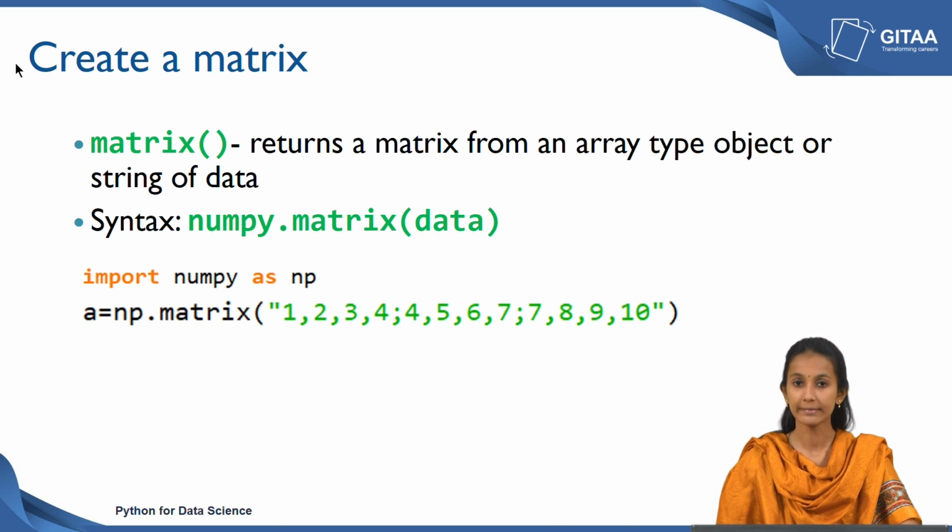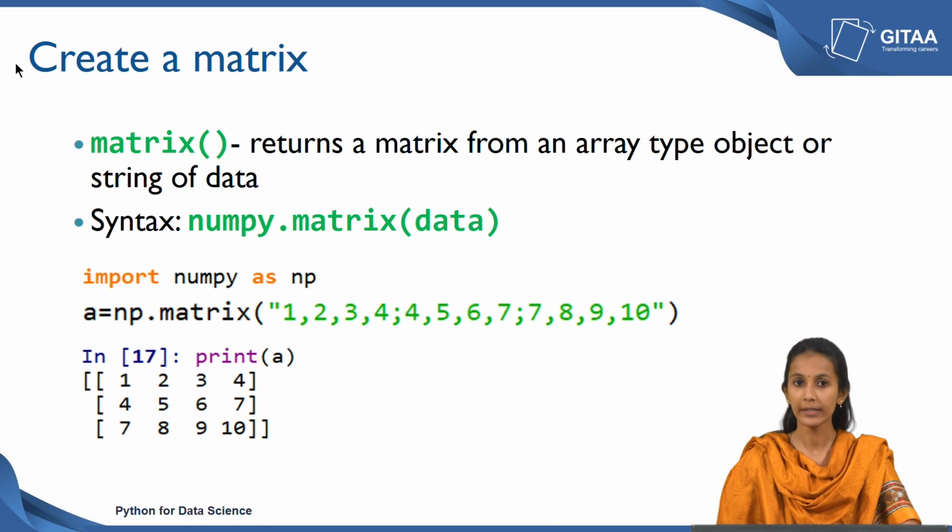Then 4, 5, 6, 7, and after 7 again you can see a semicolon, which means we have filled the values for the second row. Similarly you can give values for the third row. Any values can be given to create a matrix. We are storing the matrix in the variable called A. When we print A, it has created a matrix of 3 cross 4.